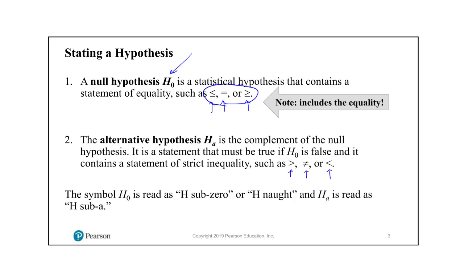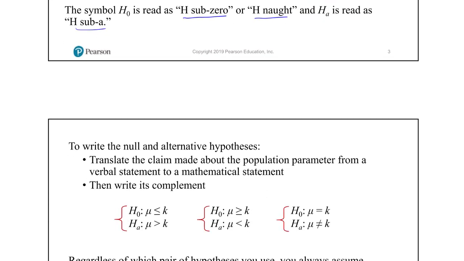Okay. And here's the alternative hypothesis, HA or H sub A. I've noted that there's a bunch of different ways that we can read these things. So you're going to have to see it in action for it to make some sense.